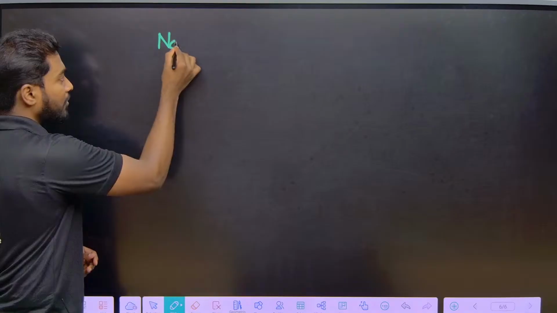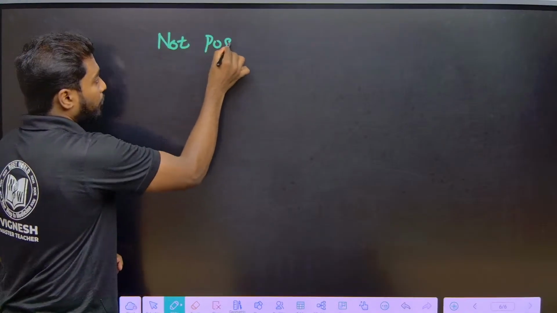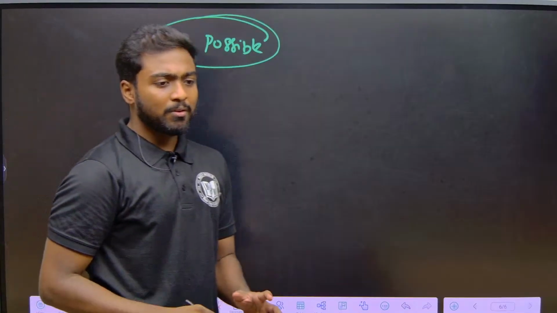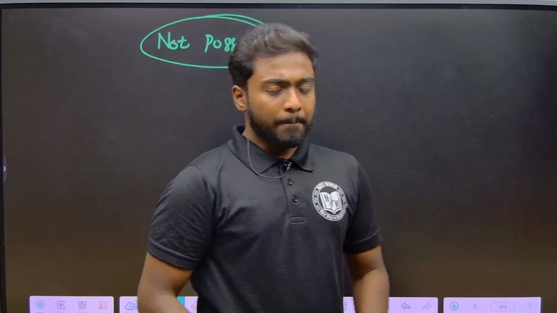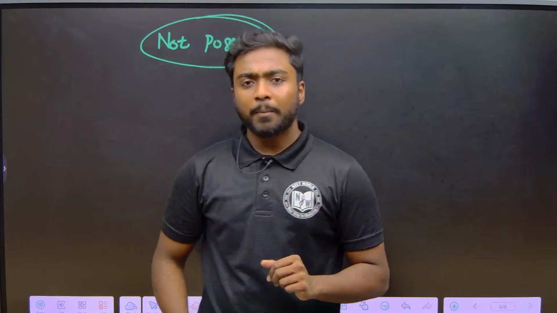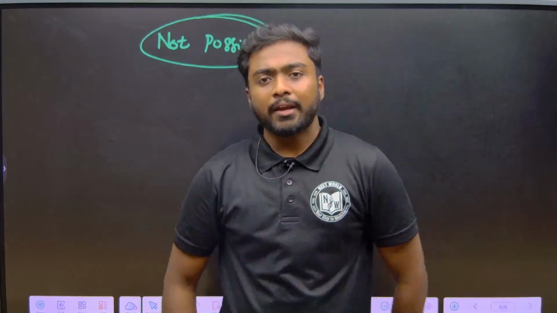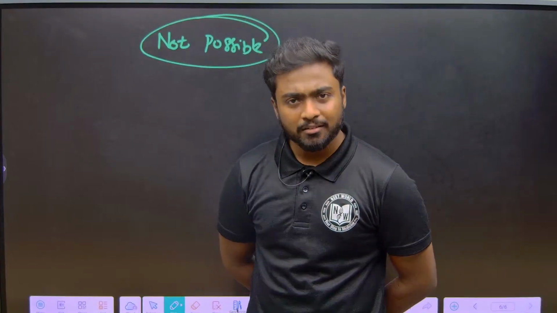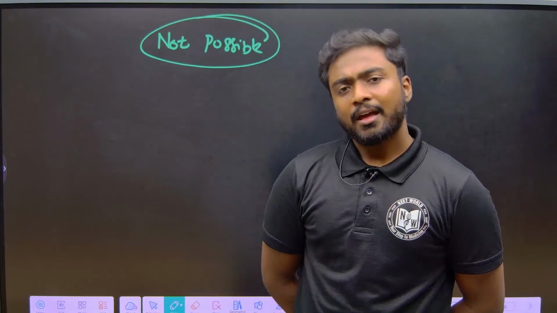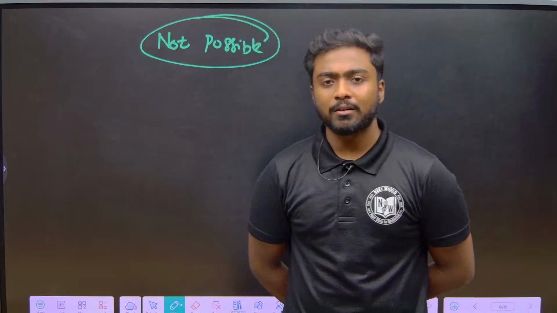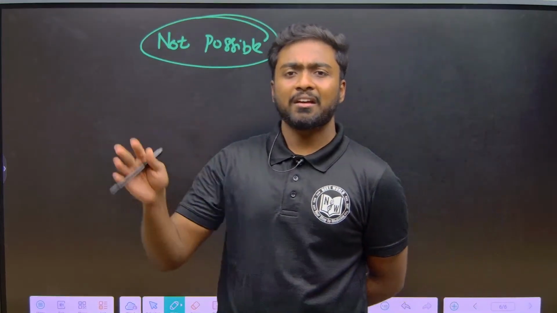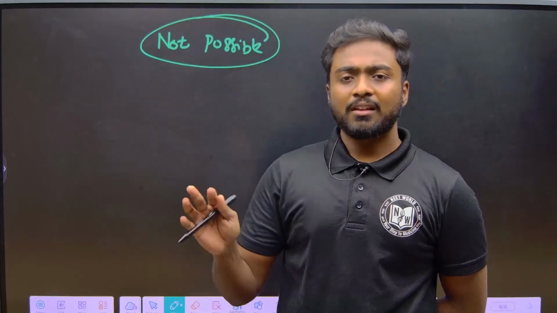Let me explain this. This graph is not possible. When I talk about displacement, it can be negative or positive, right? But what about distance? For example, from Hyderabad to Vizag is 500 km.